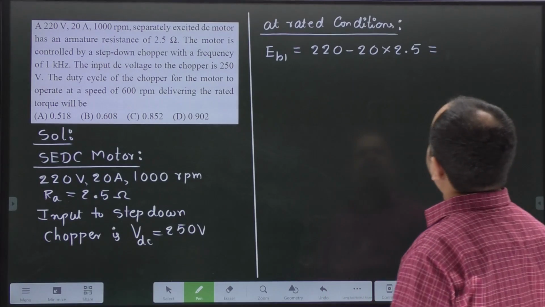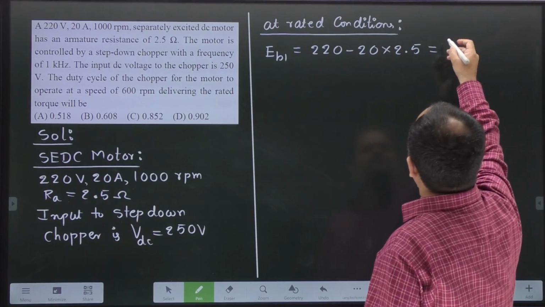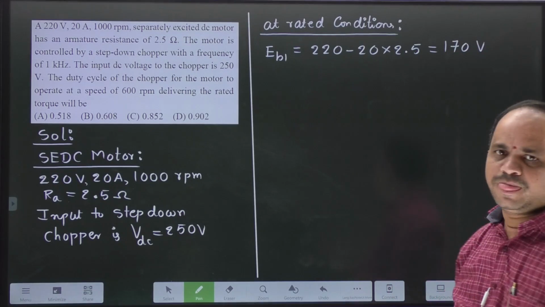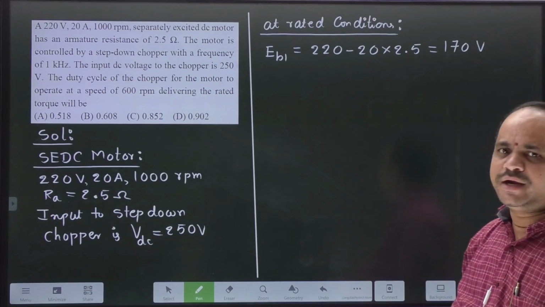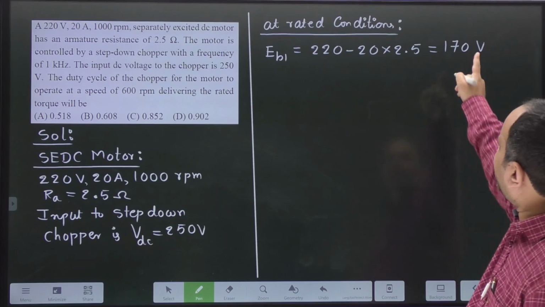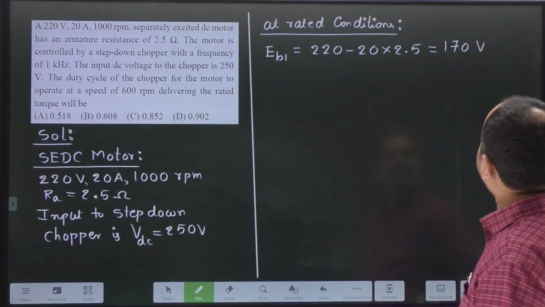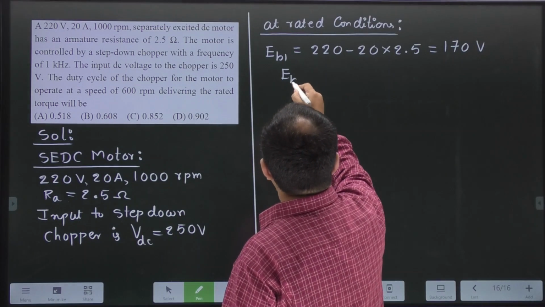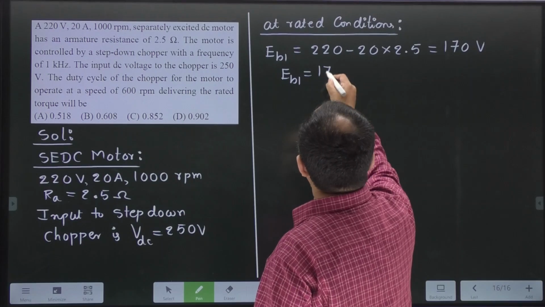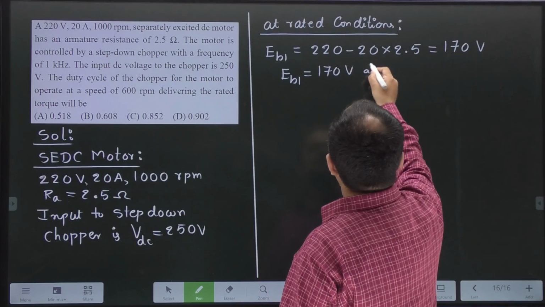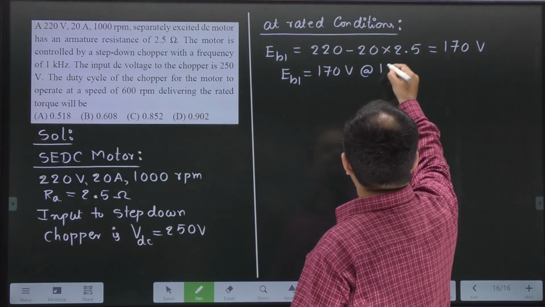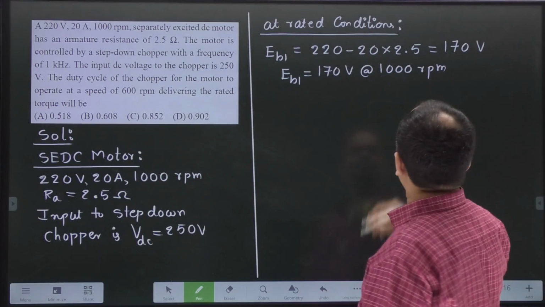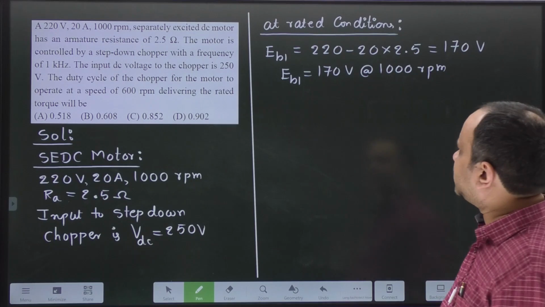So 20 into 2.5 is 50. 220 minus 50 will give you 170 volt. Back EMF under rated conditions is 170 volt. Now I can say that EB1 is equal to 170 volt at a speed of 1000 rpm.